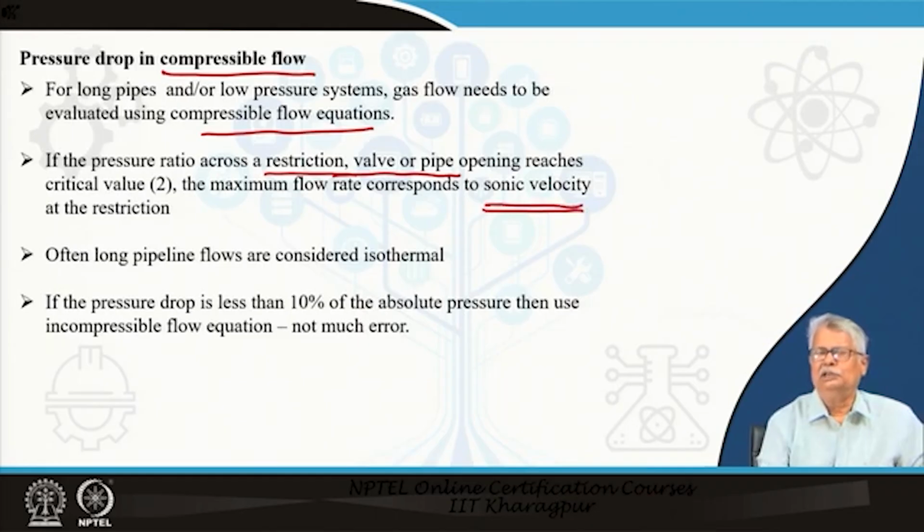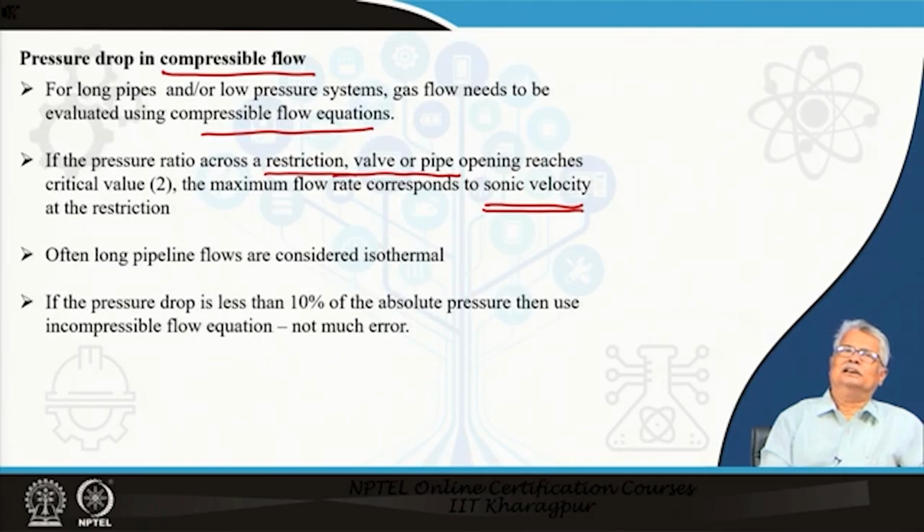That means you will normally try to operate in a zone which is away from this particular maximum limit. And how do you achieve it? You do not go for such a high pressure ratio. That means in a single stage, if the pressure ratio comes close to the critical value, you get limited in your flow.